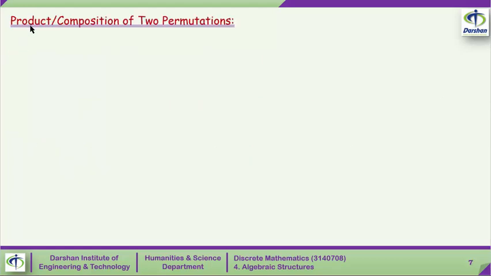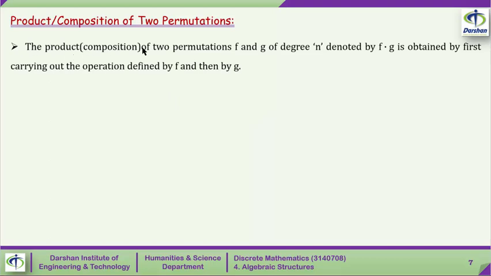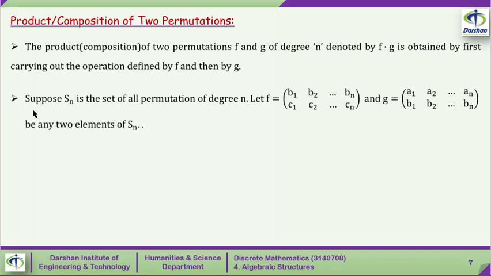Now we discuss how we find the product or composition of two permutations. The product or composition of two permutations f and g of degree n is denoted by f composition g, and is obtained by first carrying out the operation defined by g and then by f. For example, suppose Sn is the set of all permutations of degree n.